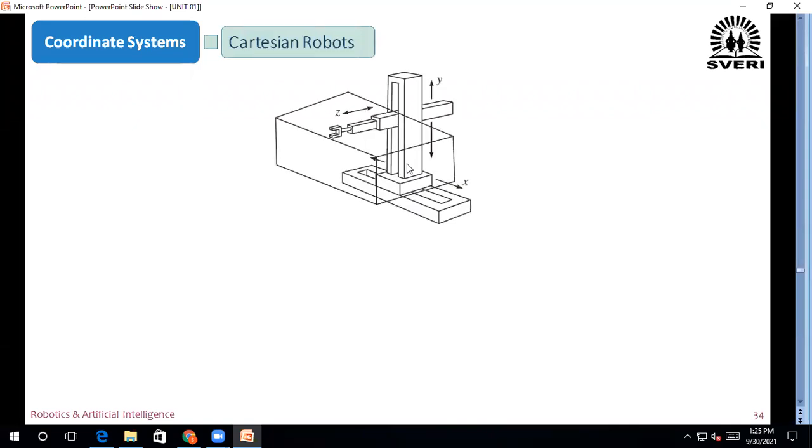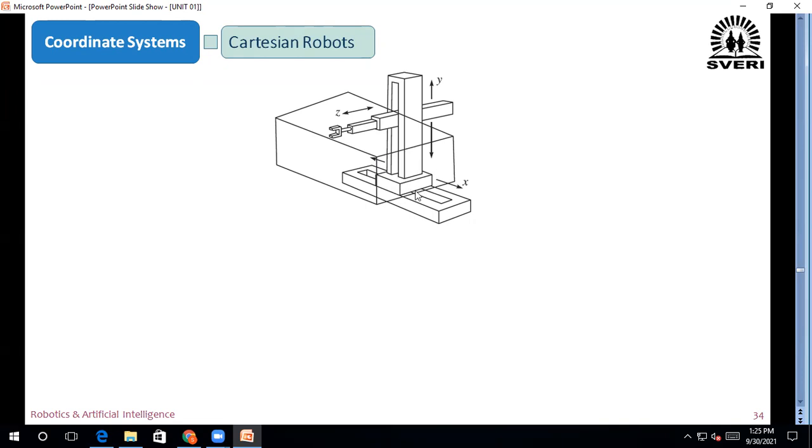Cartesian robots means the arm of the robot can move along X, Y, and Z axis. See that this is the base of the robot. This is the horizontal arm. This is the pillar of the robot. And this arm can move up. It will move along this Z axis.